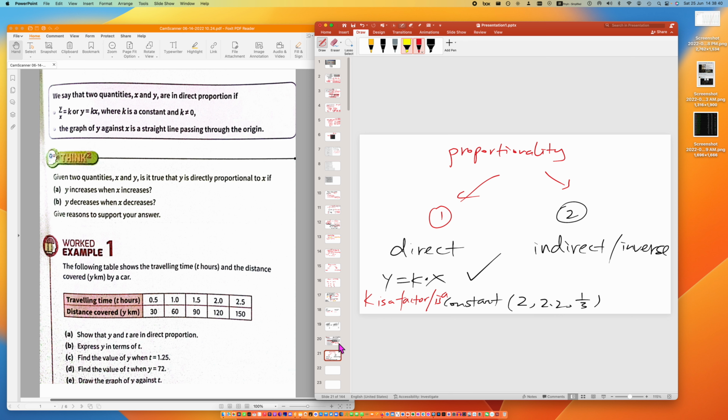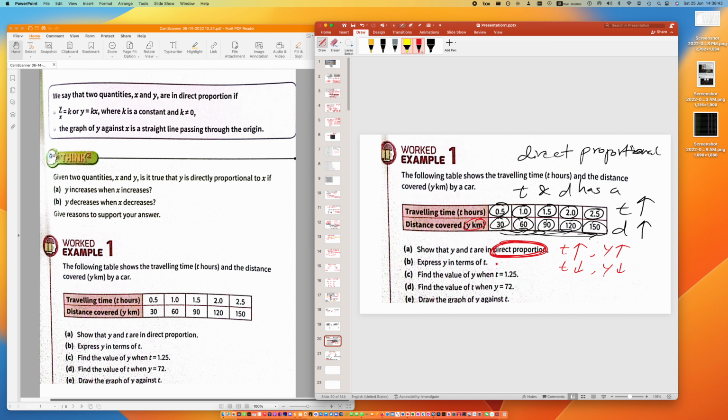So today I'm going to do this question because this is a direct relationship. I'm going to use the formula. That means next time when you see direct proportional, you just write down y equals kx. But in this case, they don't use y and x. They use y and t.